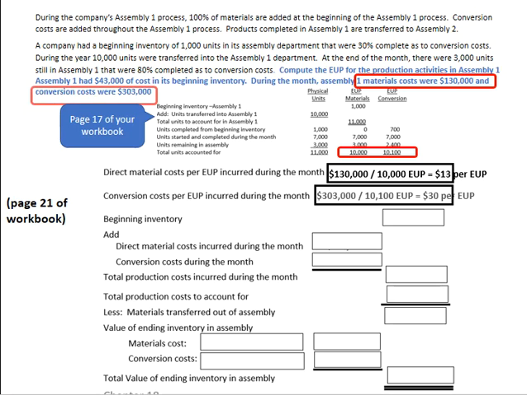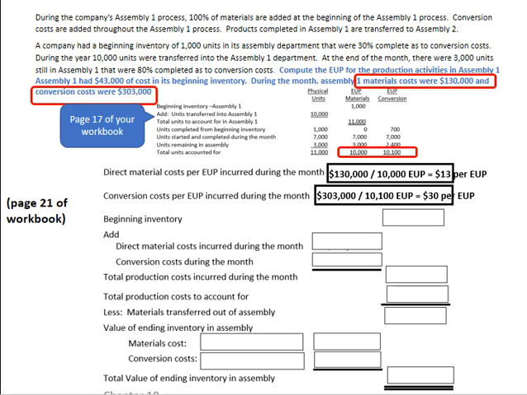Conversion costs are going to be $303,000, and in this case it's divided by 10,100 EUP during the month. So $303,000 divided by 10,100 EUP equals a cost per EUP of $30.